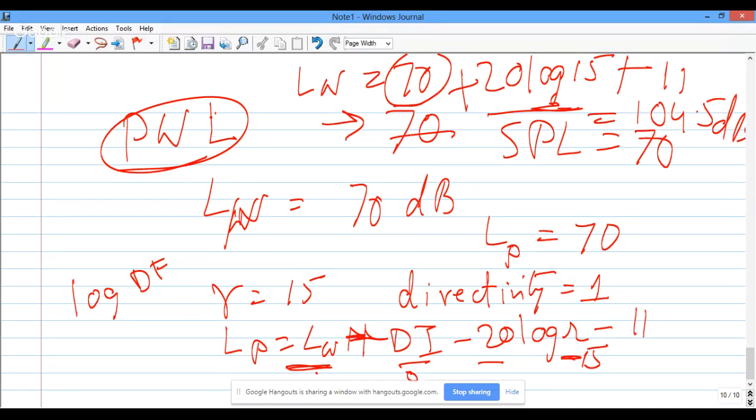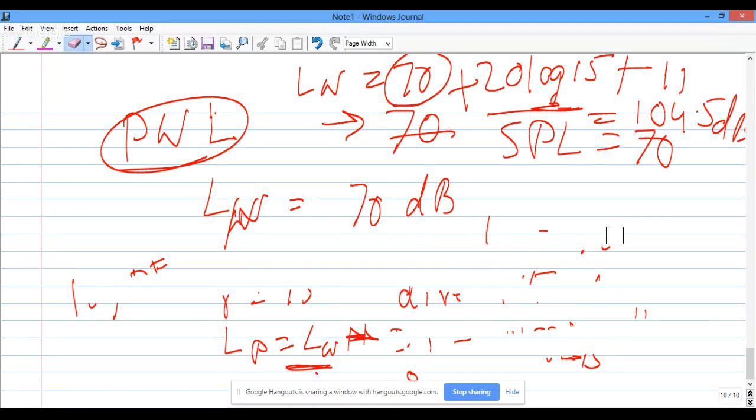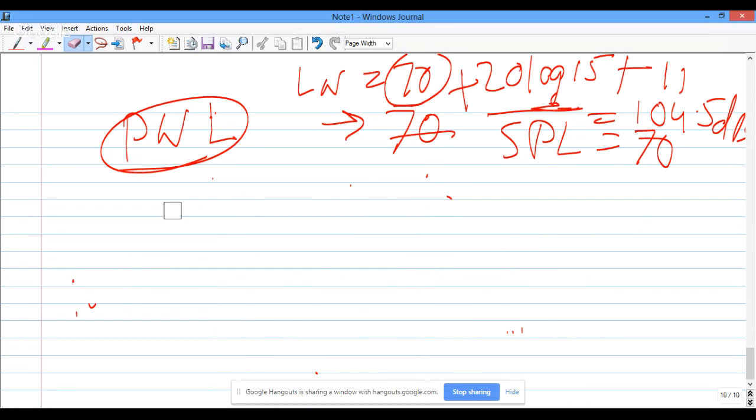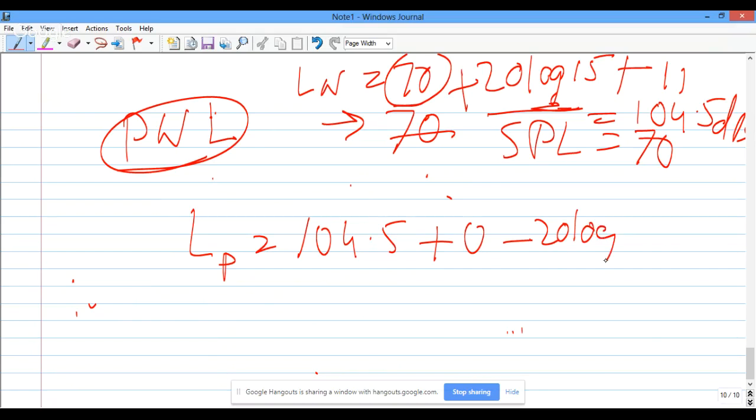That's the power level of the source. If I want to now find out the pressure level at a distance of 190 meter, I know LP is equal to 104.5 plus 0 minus 20 log 190 minus 11.